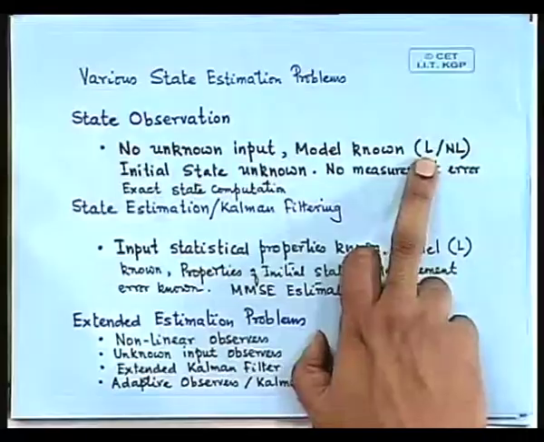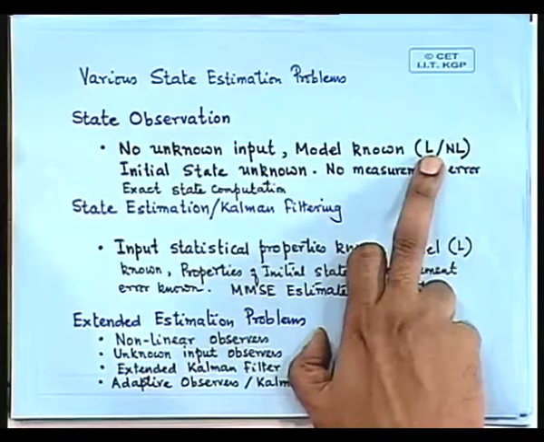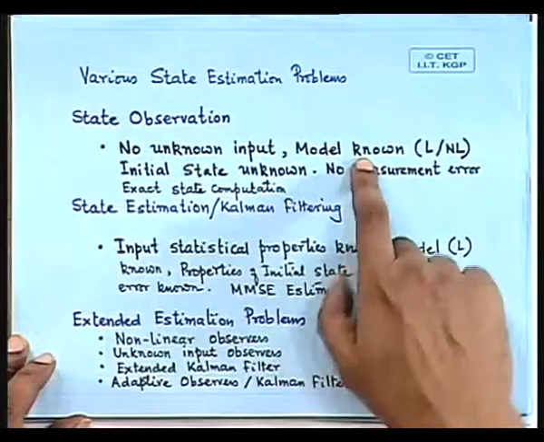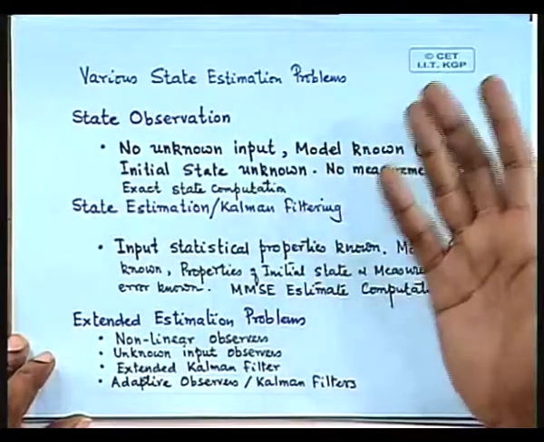It could be linear, it could be non-linear. We are going to concern ourselves mainly with linear, which is what we study in standard linear system theory courses. Now what is the model? It is the simplest model, that is x(k+1) = Ax(k) + Bu(k), or x dot = Ax + Bu.